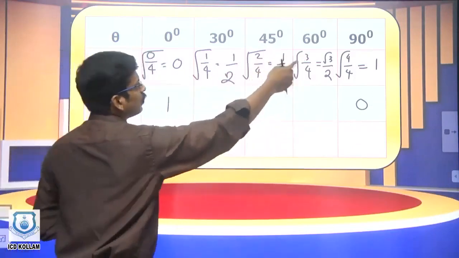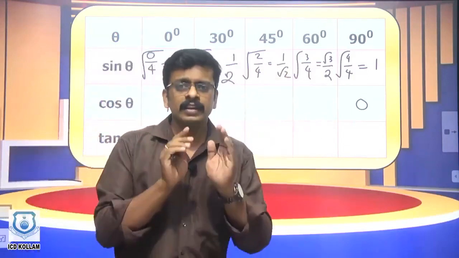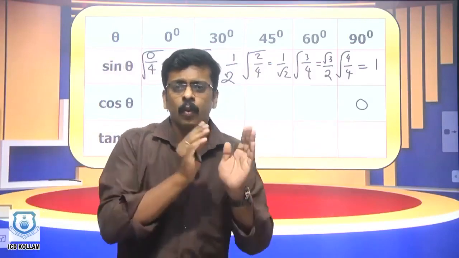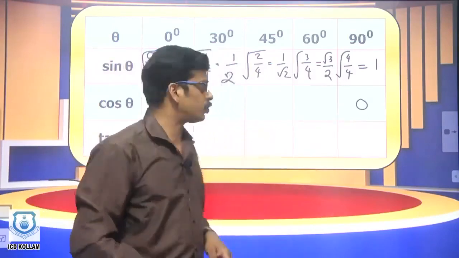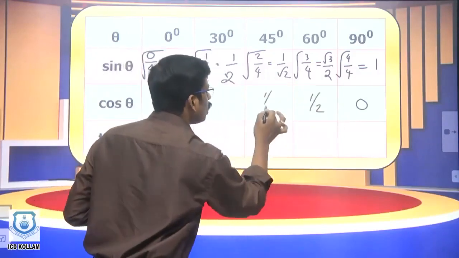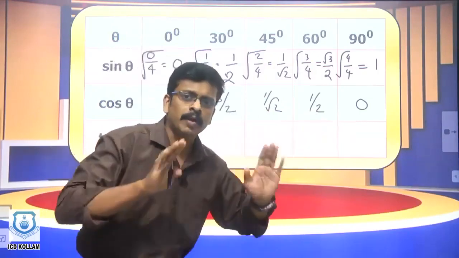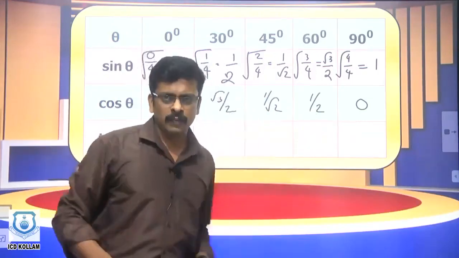Sine 30, 45, 60 is 1 by 2, 1 by root 2, root 3 by 2. And just the opposite way for cos. You need to learn by heart the same 1 by 2, 1 by root 2, root 3 by 2.